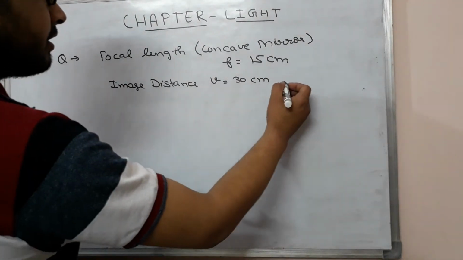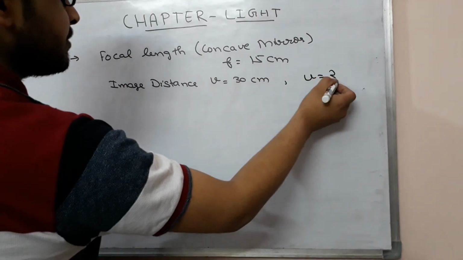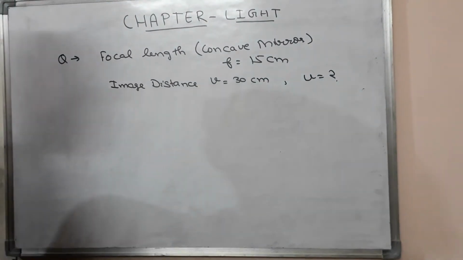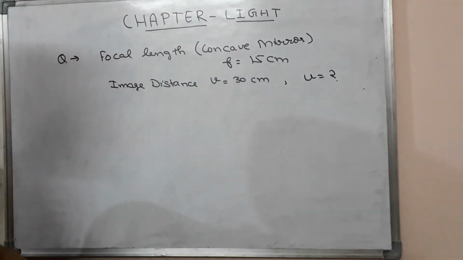We have to calculate u, that is object distance, and we have to tell the nature and the size of the image.